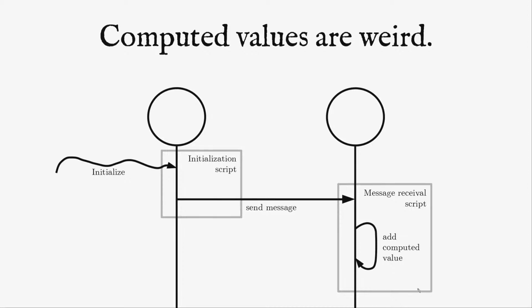Basically the way it works is like this. When an object is introduced to a network, the node will run a program called the initialization script. And then that could possibly add some computed values to the object that sent it, or more likely it sends messages out to another object.